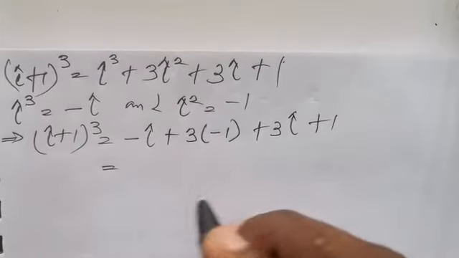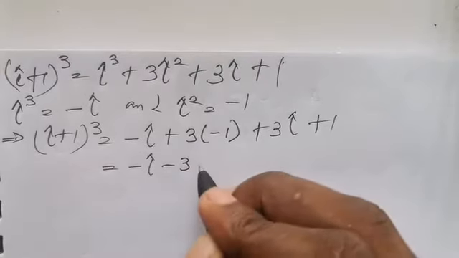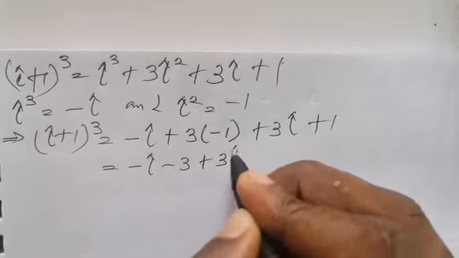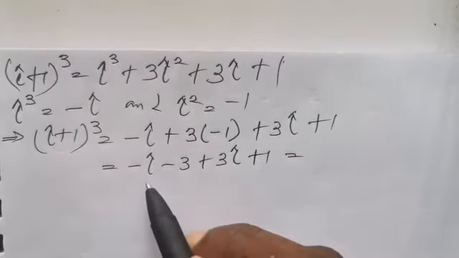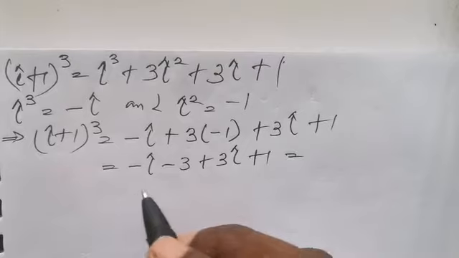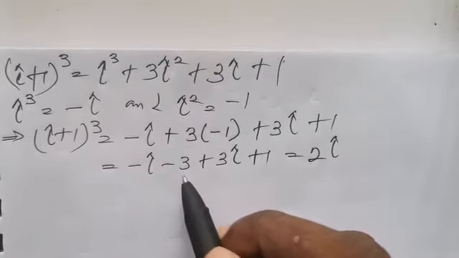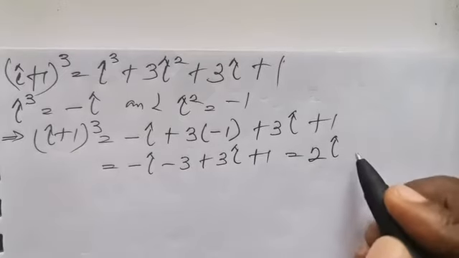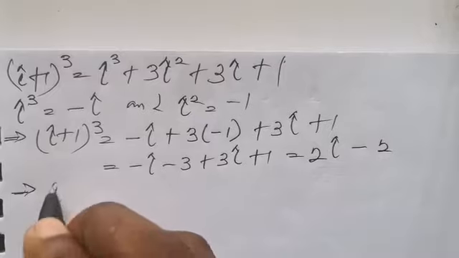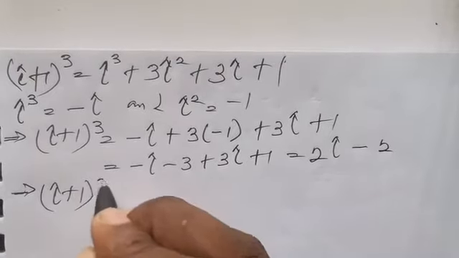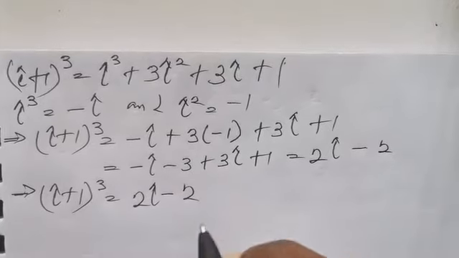So this is equal to minus i minus 3 plus 3i plus 1. So we simply have minus i plus 3i, that gives us 2i, and minus 3 plus 1 gives us minus 2. So i plus 1 to the power of 3 is actually 2i minus 2.